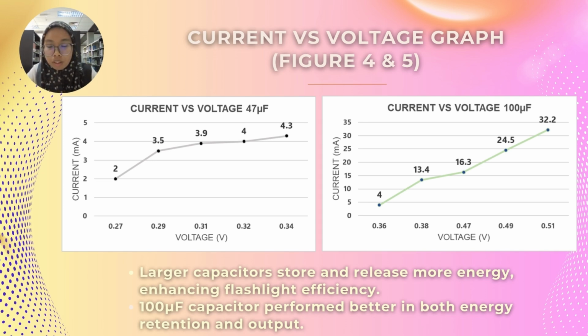In comparison, the 47 microfarad capacitor, in figure 4, displays a more gradual increase with diminishing growth at higher voltage. This behavior underscores the limited energy storage and transfer efficiency of the smaller capacitor, as its charge capacity is inherently constrained by its lower capacitance.